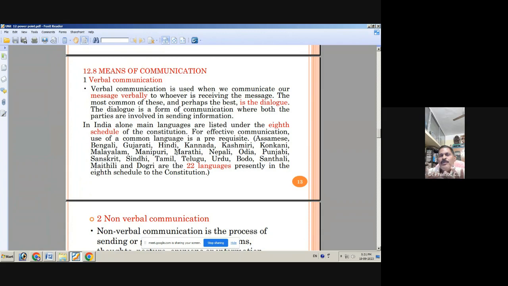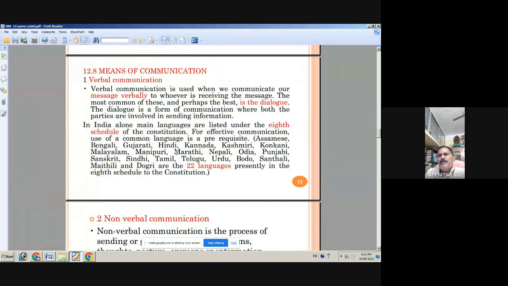Suppose in Odia, if you have all Odias, then automatically we can have better communication through our mother tongue. And you know that in the 8th Schedule of the Constitution, for effective communication throughout the country, we are recognizing 22 languages.